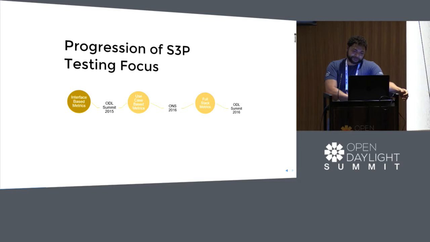But oftentimes, to accomplish these use cases, we were emulating base components in the setup and leaving out the heavy machinery that made a use case work. We moved to what I like to call full stack metrics, or use case plus full software stack.